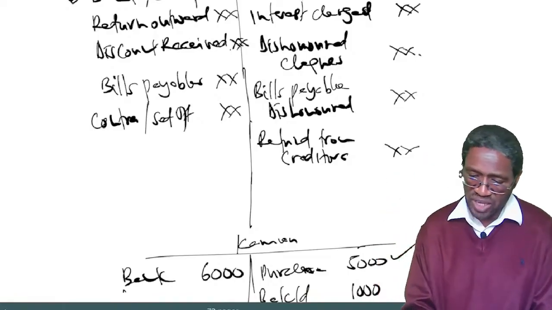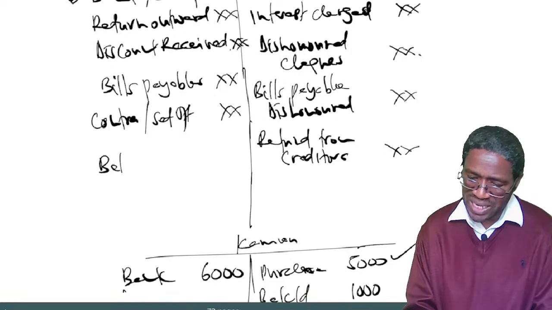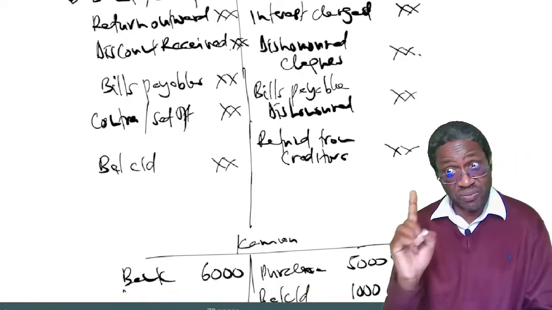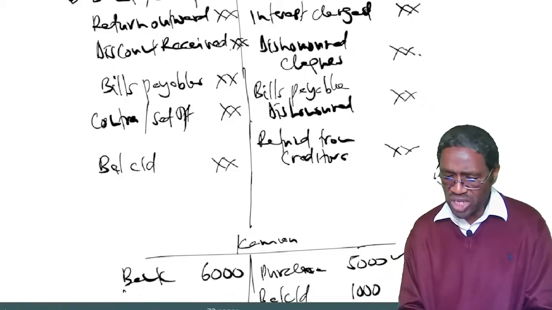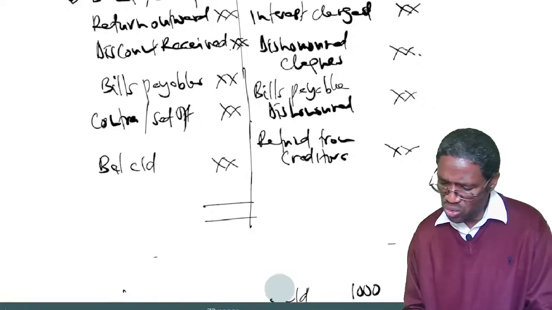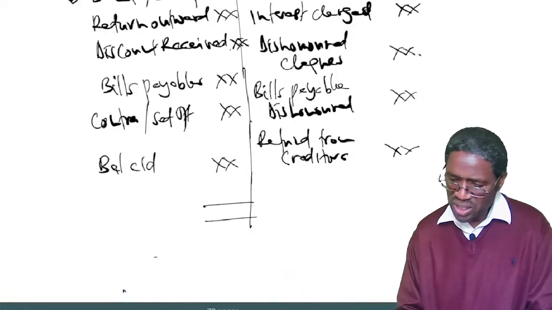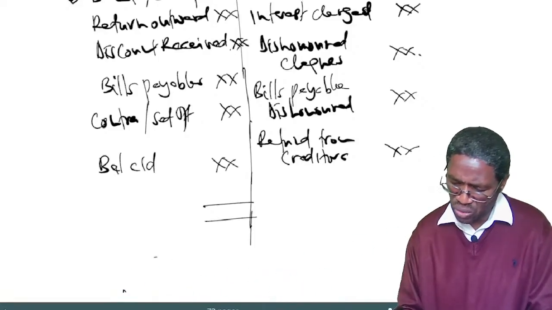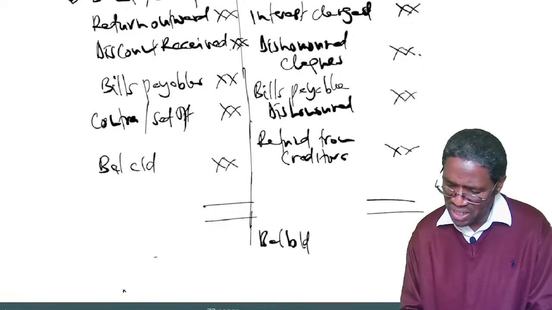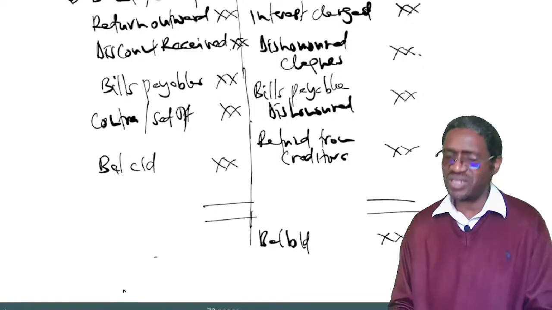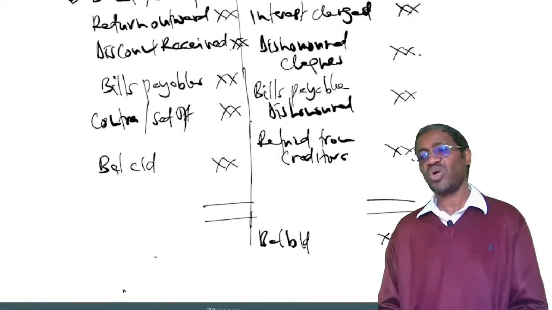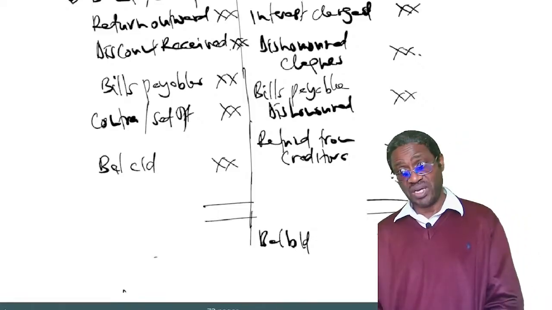So by the end of the year, you will say balance carried down, whatever it is. So that when you close your account, that balance of 10,000 or whatever it will be is brought down as a credit balance to represent what you owe to your suppliers.